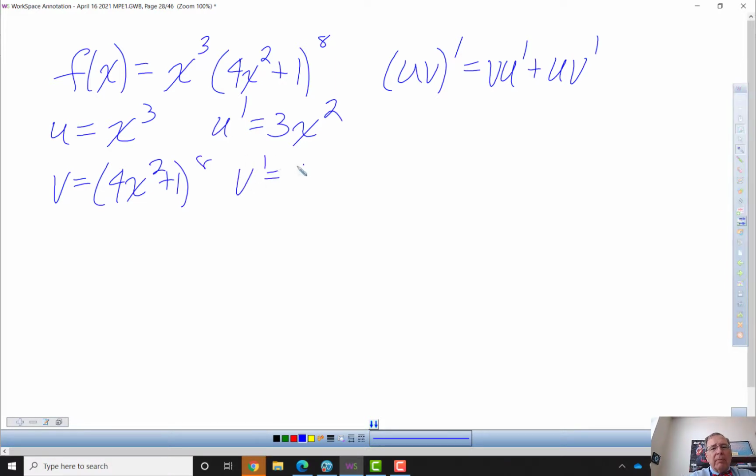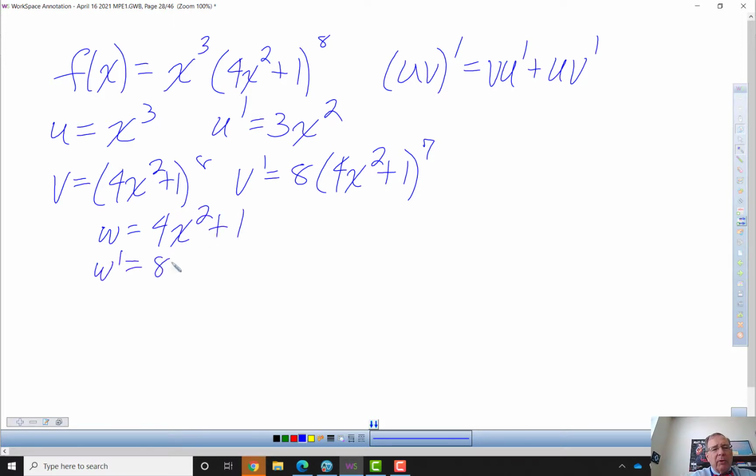So v prime is going to be 8 times 4x squared plus 1 to the 7th times the derivative of the inside. I'm going to call the inside w. So w is 4x squared plus 1. w prime is going to be 8x, so I need to multiply this by 8x. So simplifying this, that's 64x times 4x squared plus 1, all to the 7th power.